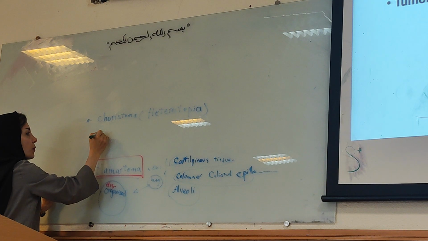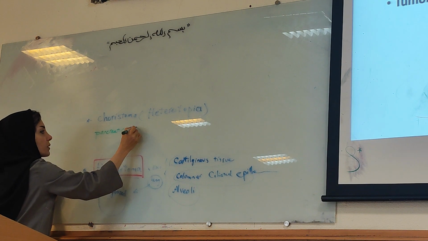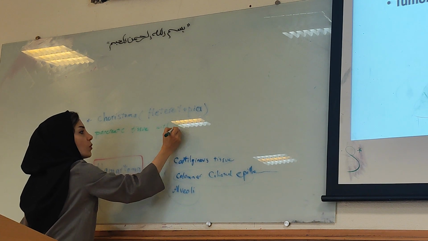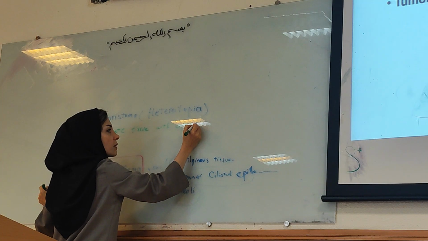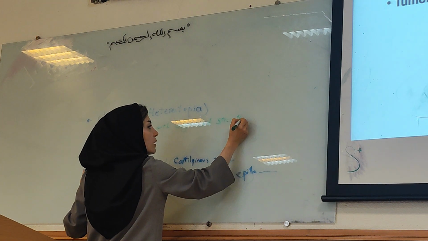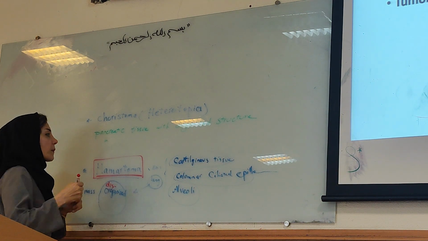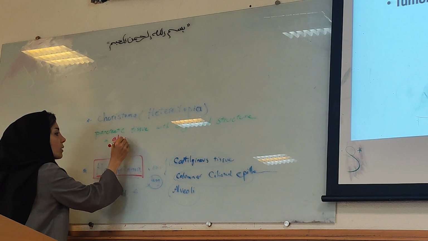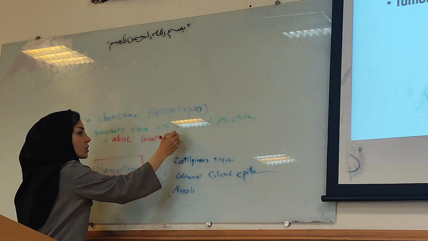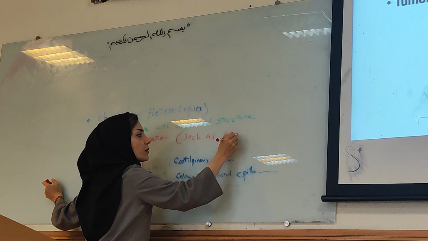You see pancreatic tissue with organized structure in an abnormal location, such as the stomach.